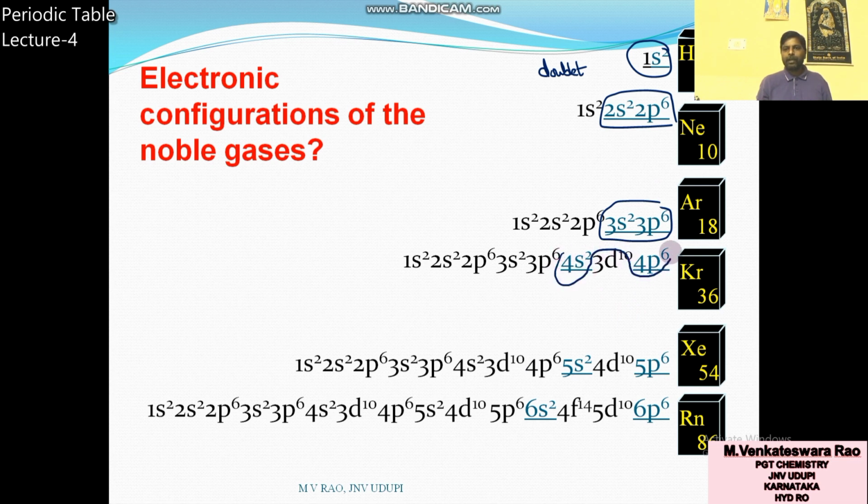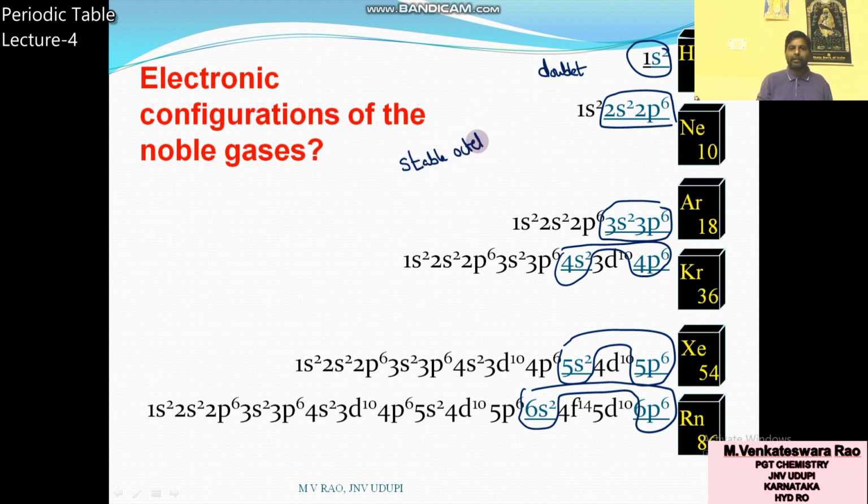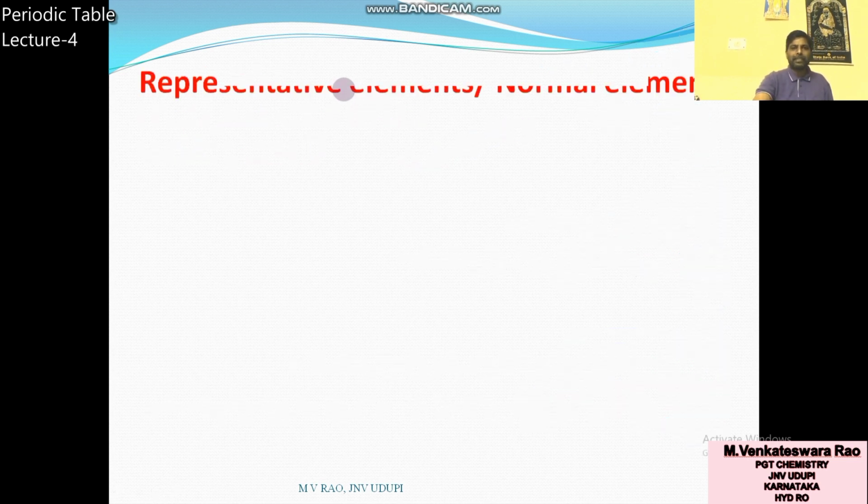Krypton 4s2 4p6, xenon 5s2 5p6, radon 6s2 6p6. All these elements have stable octet configuration. So that is about type 1 elements.